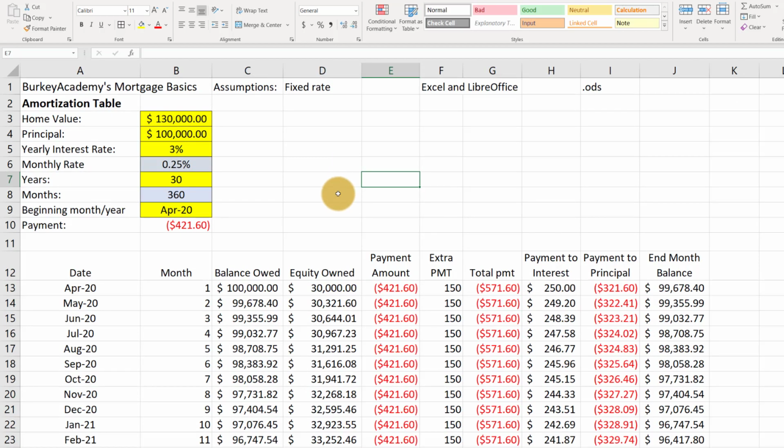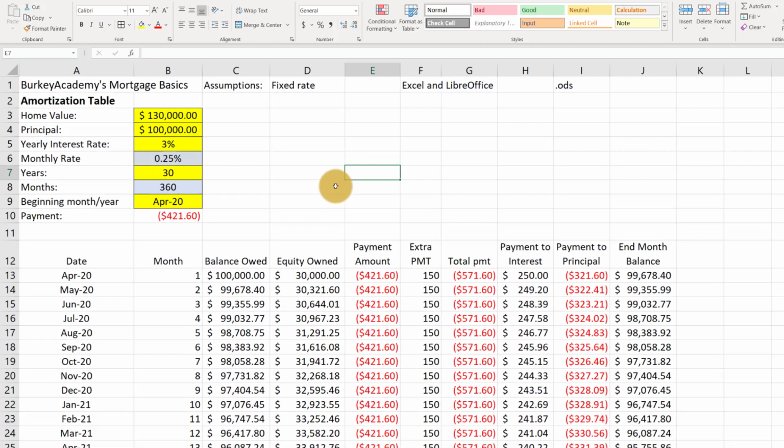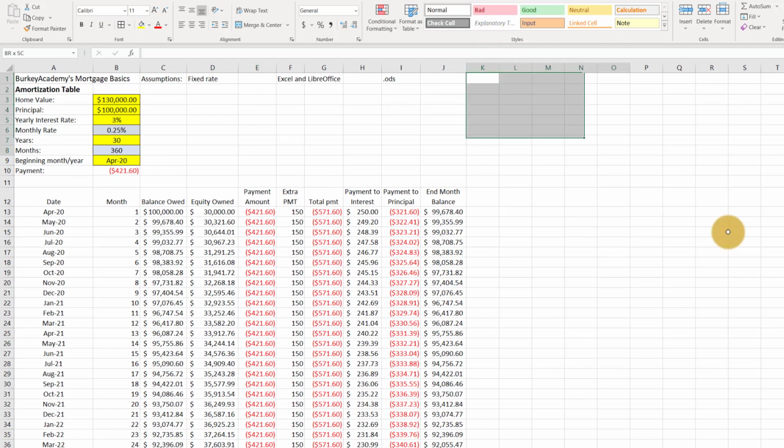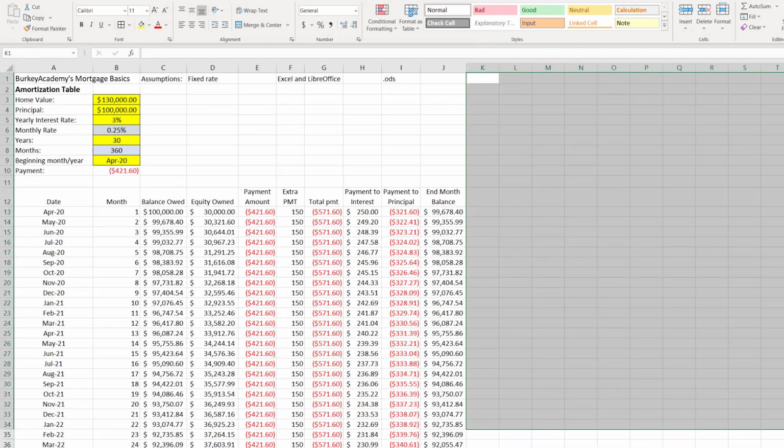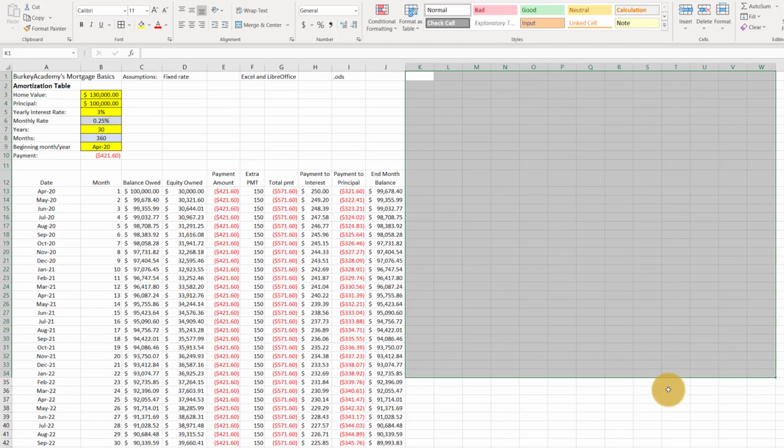So I'm thinking in the next video about making an addition here, and maybe on the right side of this spreadsheet, adding kind of a what if we refinanced. And maybe we could put a box in there for the total amount of fees and closing costs associated with the refinance and the new interest rate you were thinking about refinancing to, and then maybe figuring out a way to do a break-even date.